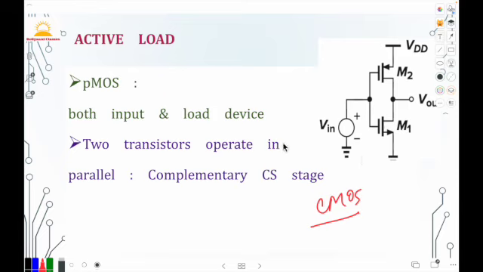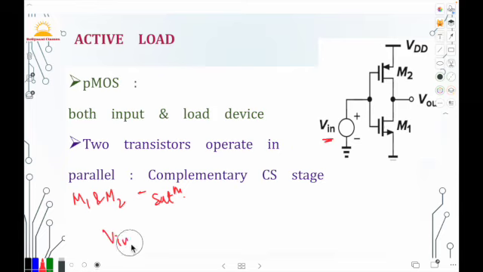Let's understand how it deals with the voltage swing and gain. First of all, we have to bias both M1 and M2 in saturation. So this mode is important. Now as V in increases by a small value, ID1 also increases, which pulls down V out. So V out decreases as ID1 increases.